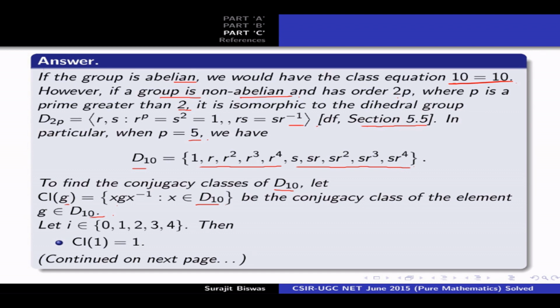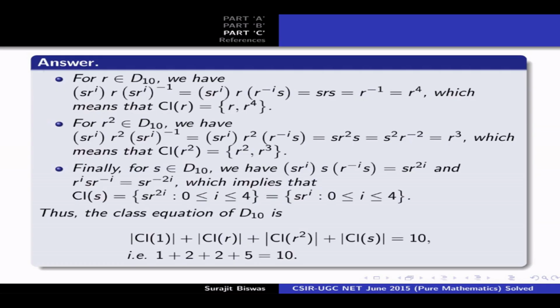The conjugacy class of 1 is just 1. Now for r in D10, we want to find the conjugacy class of r, and we have that sr to the power i times r times sr to the power i minus 1 is equal to r to the power 4, which means that the conjugacy class of r is r and r to the power 4.